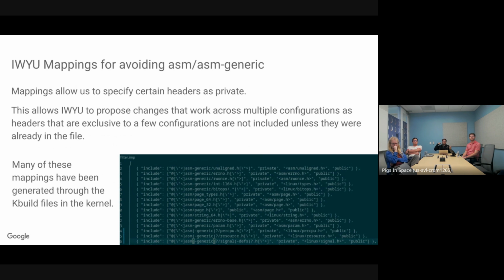And we've been able to generate a lot of these using the kbuild files that are scattered throughout the kernel. And this has sort of allowed us to avoid some bad inclusions. One of the things that we got told when we were creating this include what you use tool is to minimize asm and asm-generic, and this really helps us do that.